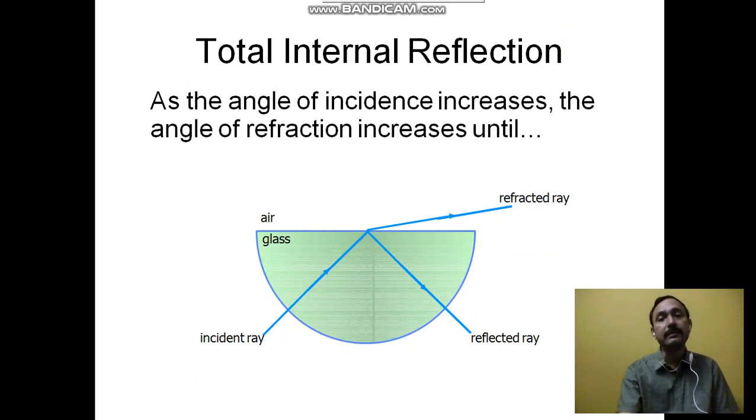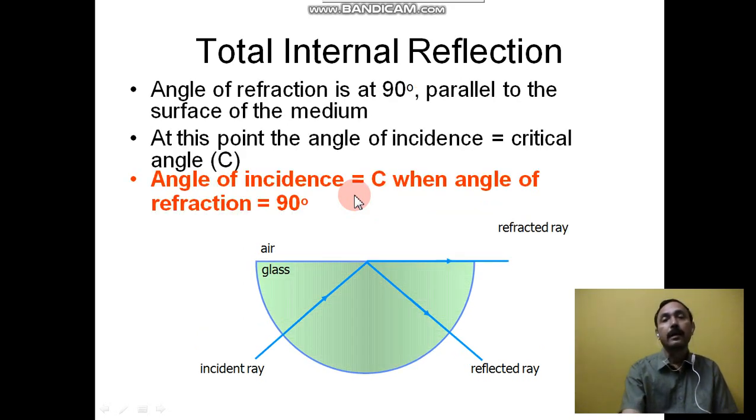As the angle of incidence increases, the angle of refraction increases. If we draw the normal along this direction, this is the angle of incidence. The angle of refraction keeps increasing until it is 90 degrees, parallel to the surface of the medium.